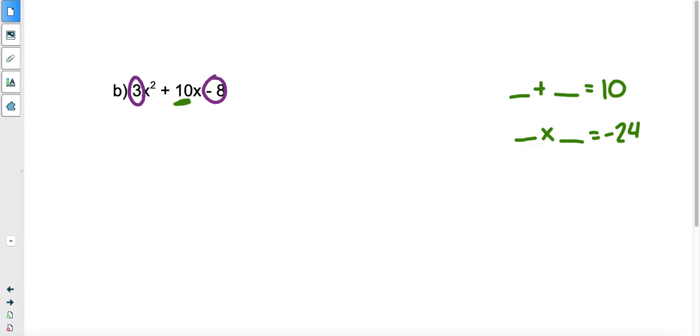Let's try 12 times negative 2 and see if that works. Well, 12 times negative 2 is negative 24. And also, 12 plus negative 2, 12 minus 2 is 10. So this works. And now what I can do is I can use my two numbers here to split up my 10x.